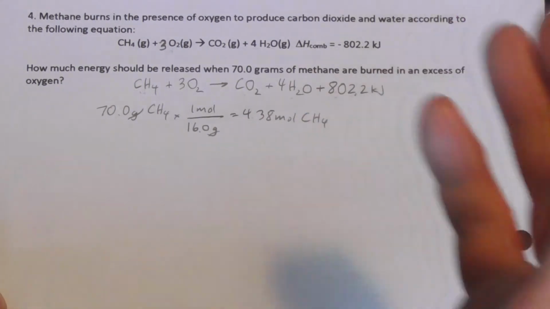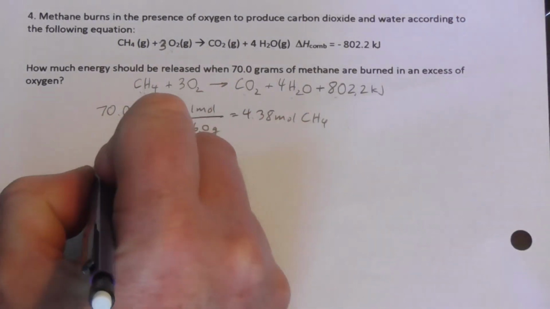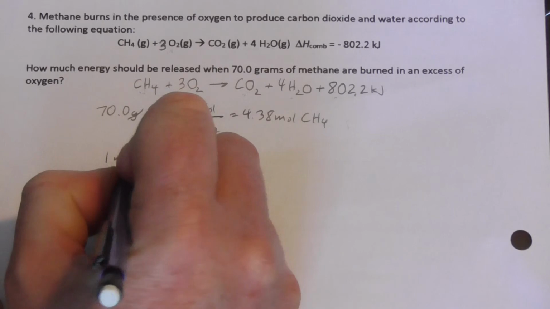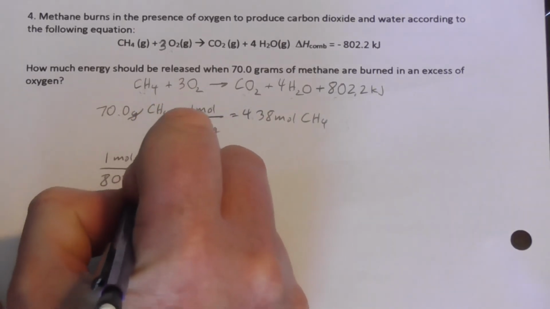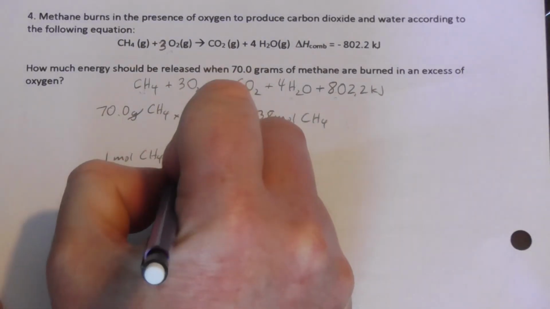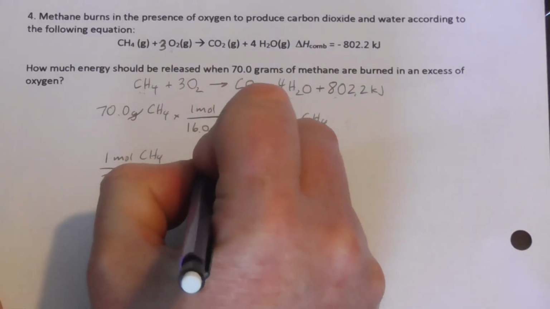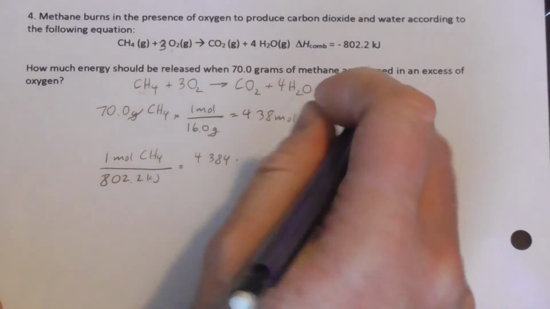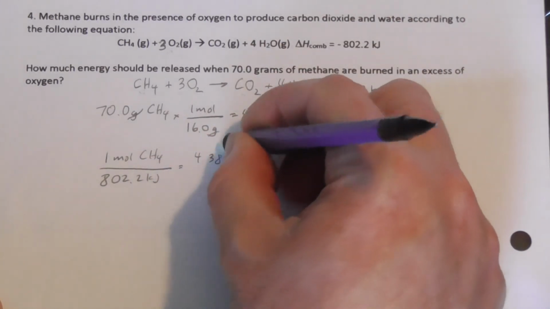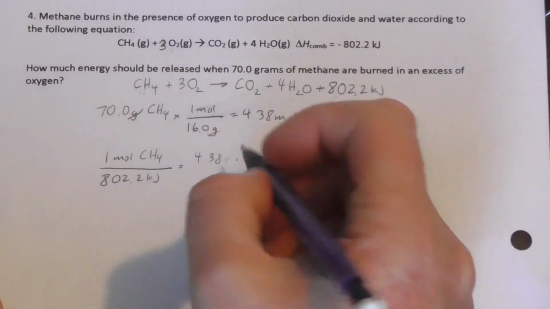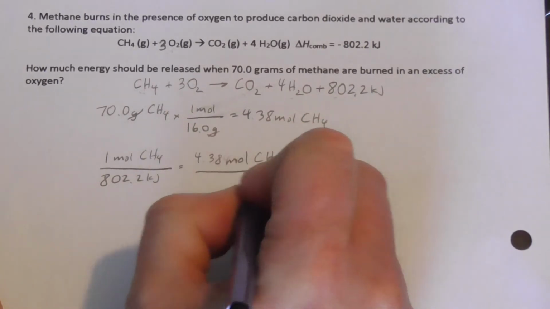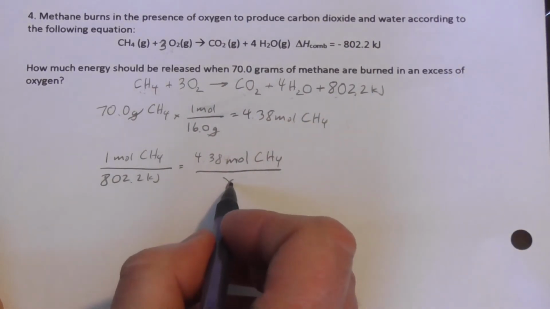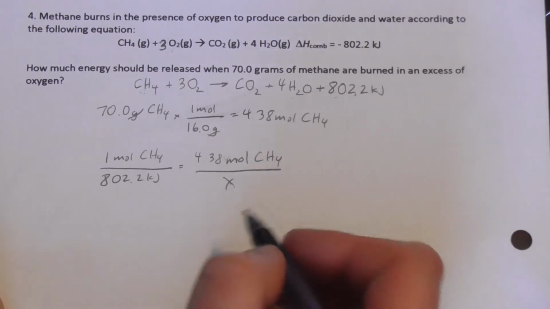So, how would I then set this up? Again, I can do it either one of two ways. 1 mole of methane over 802.2 kilojoules of energy equals 4.38 moles of methane over X, and my X will be the number of kilojoules of energy.